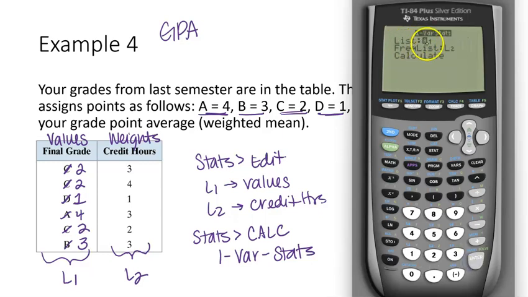My values are in list 1. My frequencies, aka my weights, are in list 2. I can calculate. For this particular student's grade point average, look for x-bar, remember, because that means the mean. Their average GPA is 2.5.